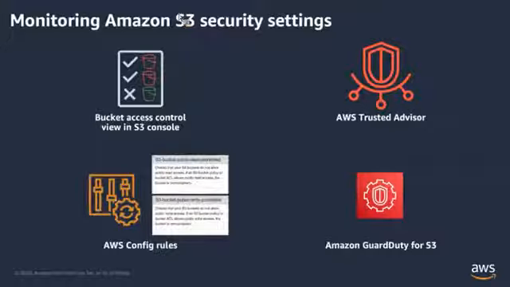So, bucket access control view in the S3 console, Scott showed us this earlier. This is totally free to everyone with an AWS account. We want it to be easy to see and verify that you do not have public access to your objects. Now, the AWS Trusted Advisor is an online tool that provides you real-time guidance to help you provision your resources following AWS best practices. Trusted Advisor checks help optimize your AWS infrastructure, increase security and performance, and reduce your overall cost and monitor for service limits.